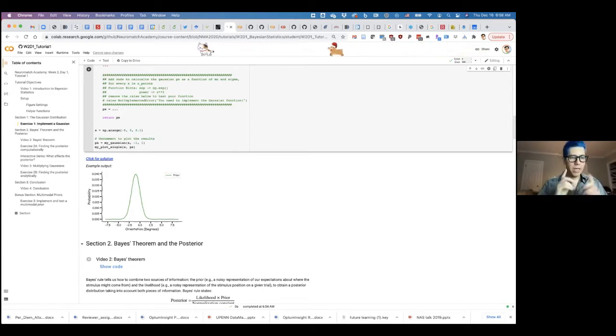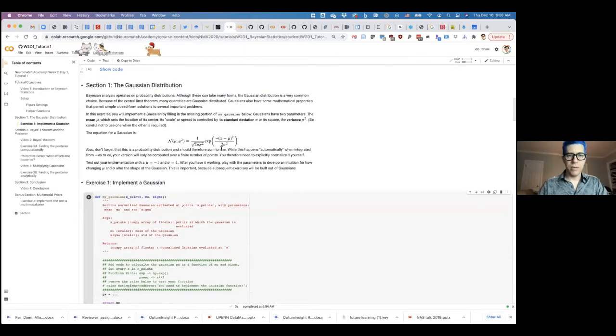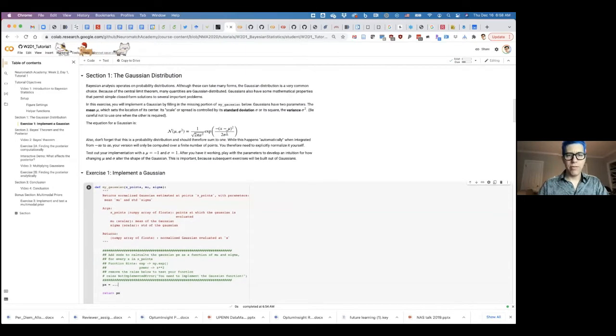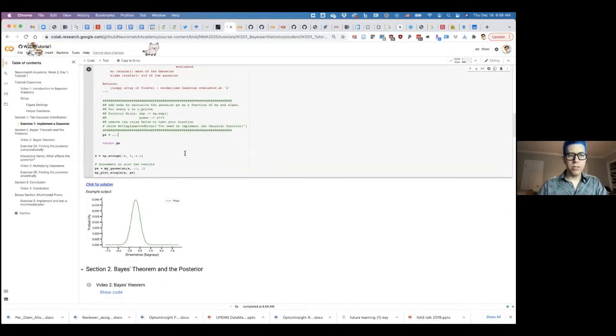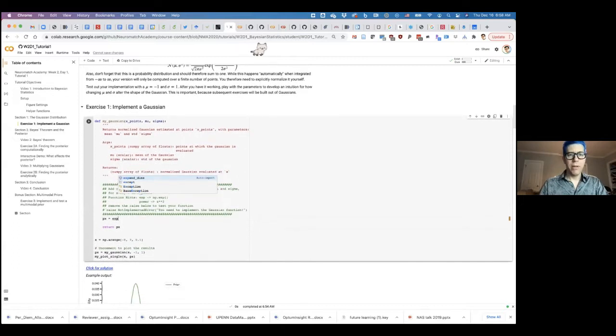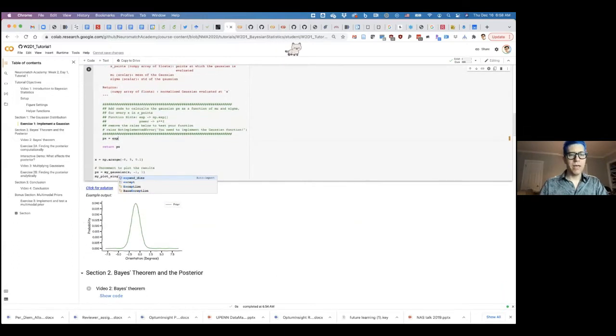So the Gaussian, let's zoom here. We see we need an exponential of x minus mu squared. So let's do that. We need the exponential function, but exp isn't going to work because exp is part of numpy, so we need np.exp.